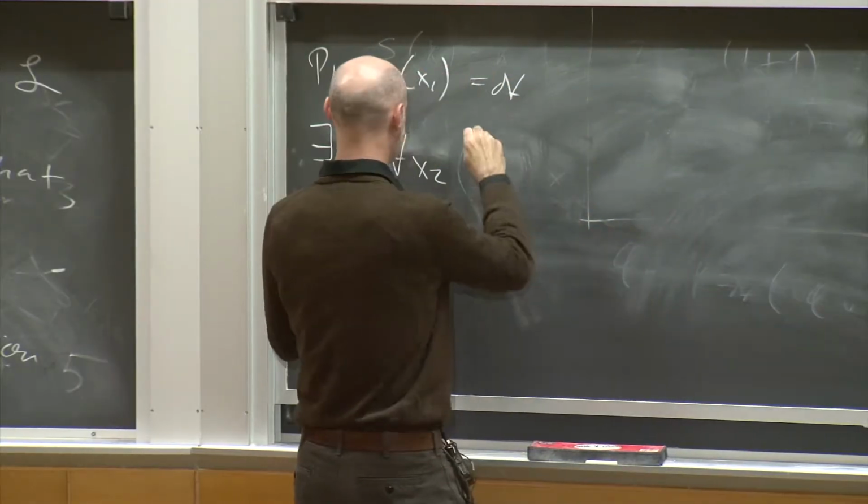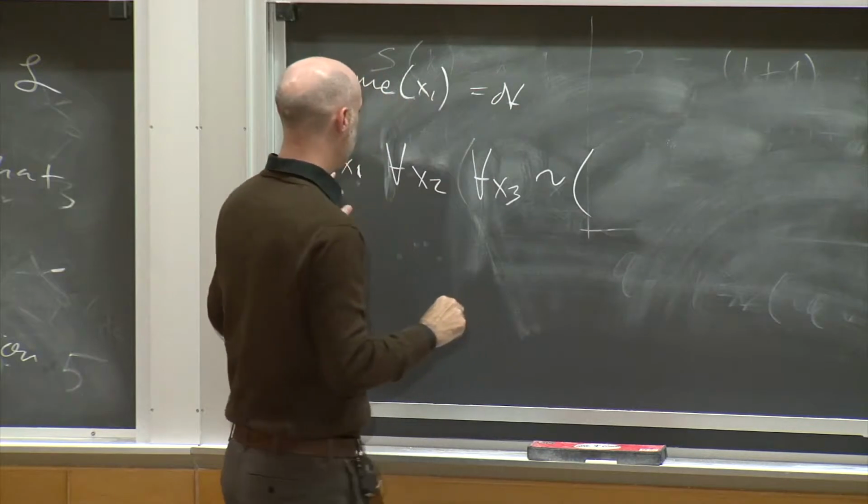So I'm thinking there exists some x1 such that for all x2, not x1 or not like x3 times x2 equals x1. I guess we have to say for all x3 also. Sorry. No, this is good. This is good.